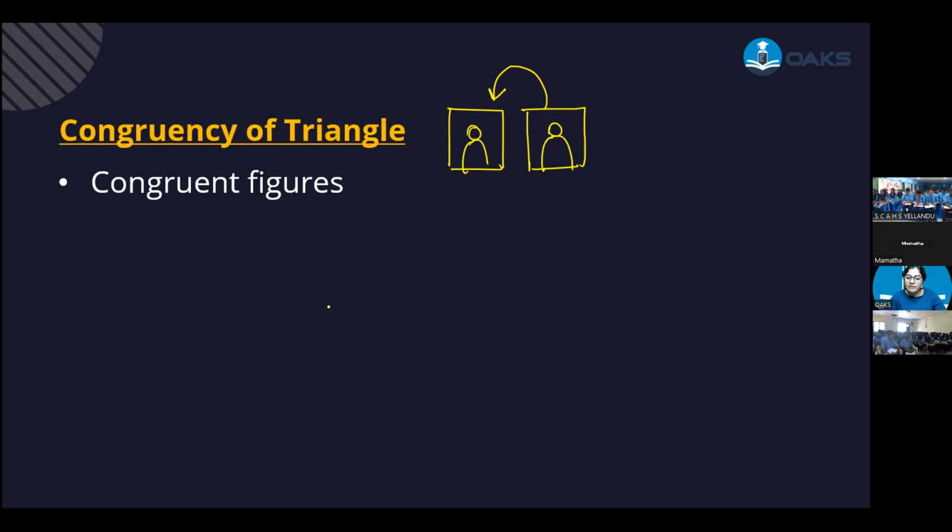Okay. You have a new pencil of Natraj, right? So you have two pencils of the Natraj company, and both are equal in size and equal in shape. So you can say that these pencils are congruent figures. Is that understood? Everyone, are you sure?